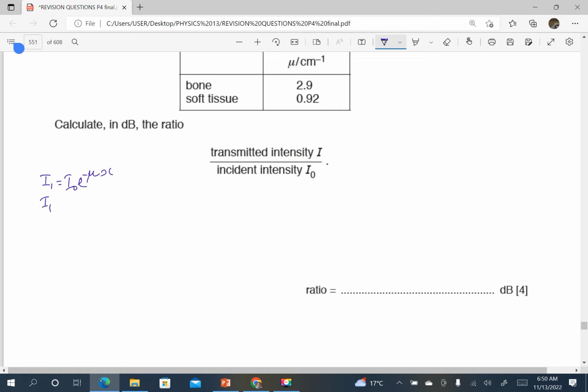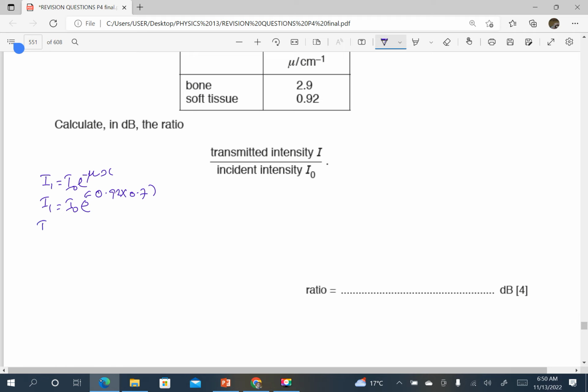So I1 is going to be I naught e power negative mu for soft tissue, which is 0.992 times the thickness, which is 0.7 centimeters. That is mu for soft tissue.